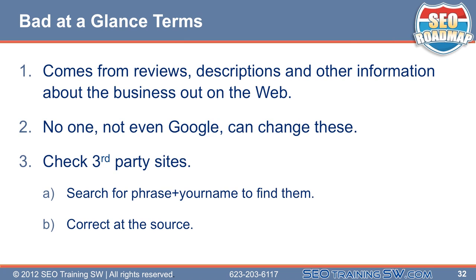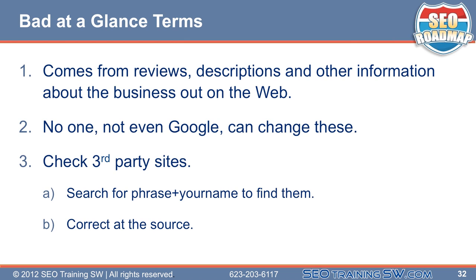Now, this is happening a lot, where you're typing in your business or a keyword into Google, and all of a sudden, why am I getting this? Let's use my auto repair site. You type in auto repair, and all of a sudden you're getting a listing for a landscape company. Well, these terms are coming from reviews that somebody might have left you.